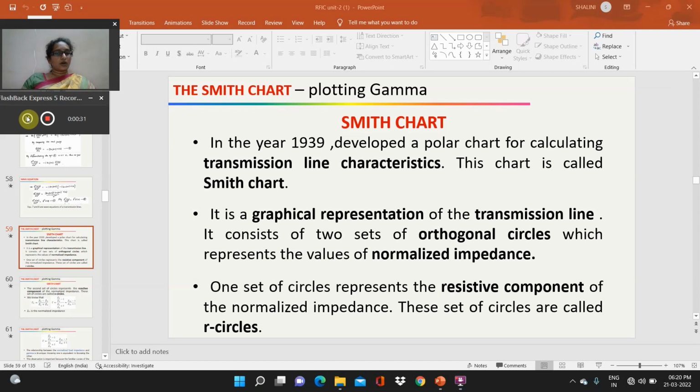It consists of two sets of orthogonal circles which represent the values of normalized impedance. One set of circles represents the resistive component of the normalized impedance. This set of circles is called R circles.